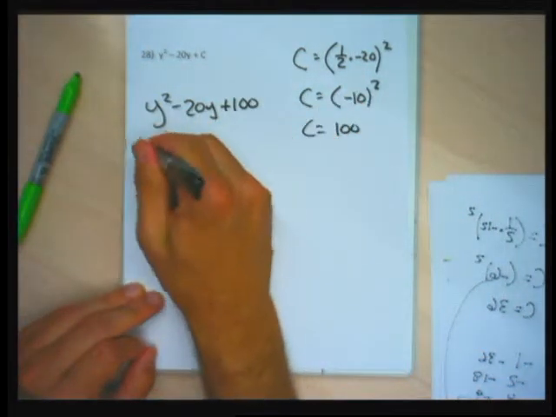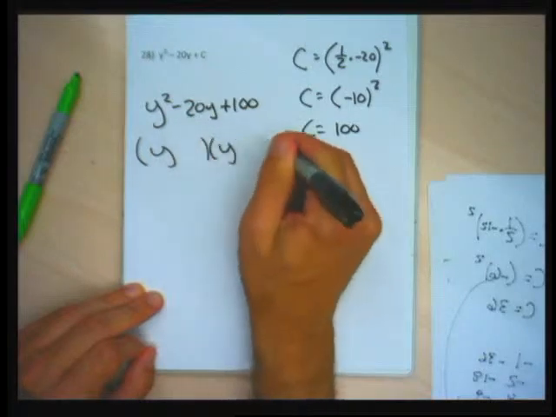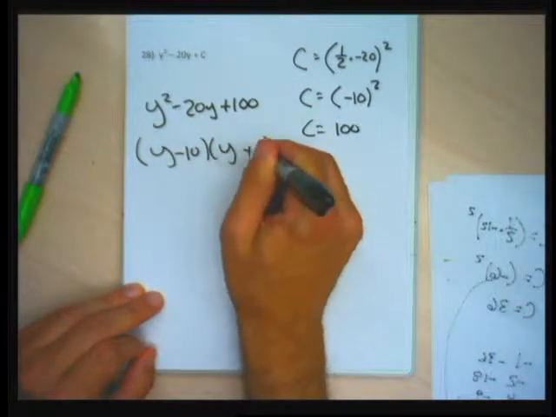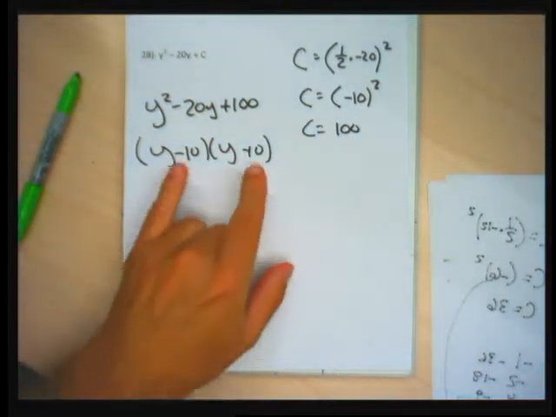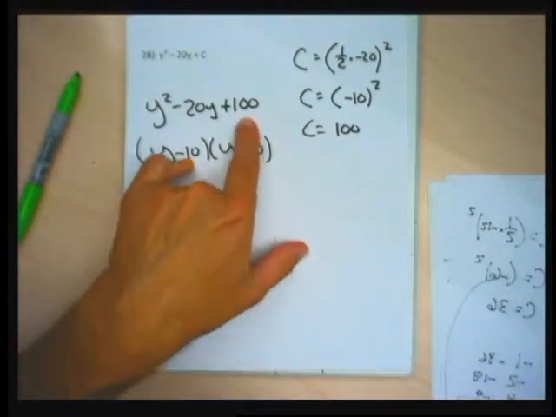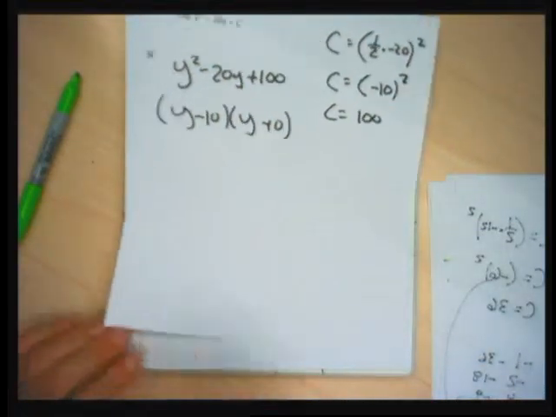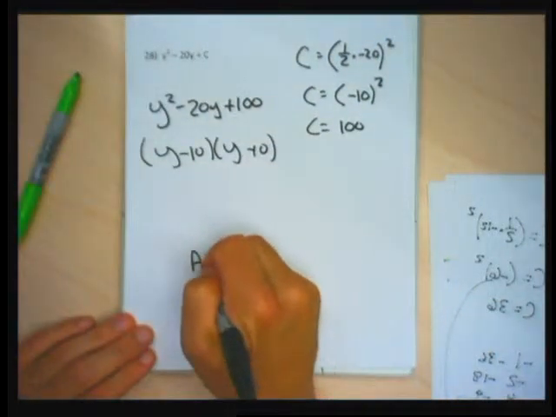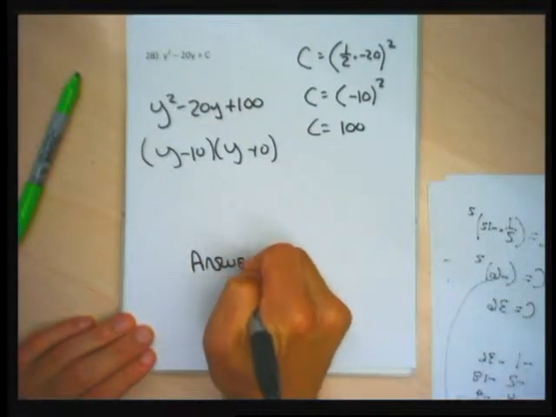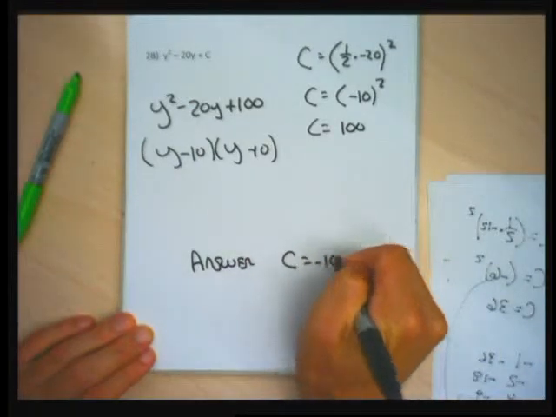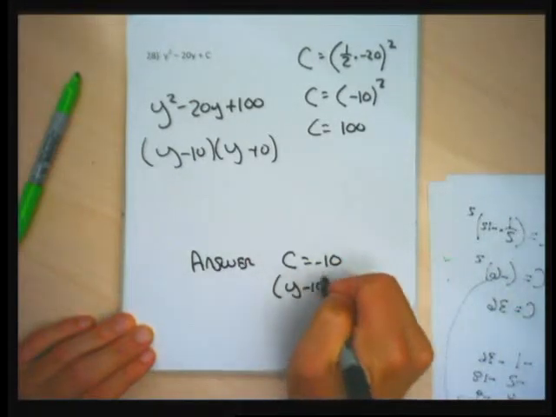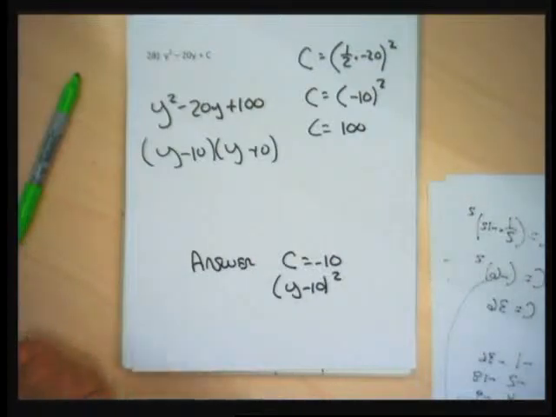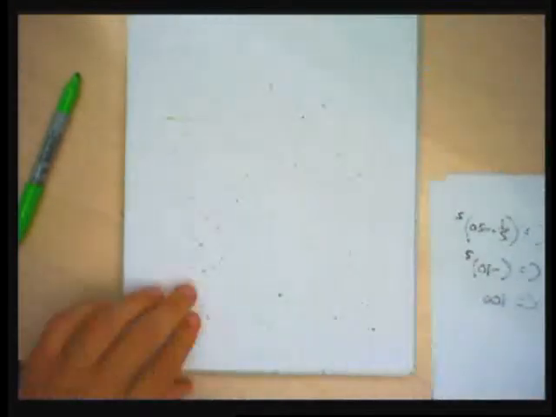Y's are firsts, my lasts are a couple of minus 10s, because the minus 10s multiply to 100 and they add to negative 20. So for an answer, and I sped through this and didn't use my calculator because I wanted to get onto the things that are test worthy, the answer is c equal to negative 10, and this whole thing factors into y minus 10 squared. So one more of these, and I don't think it's that new.